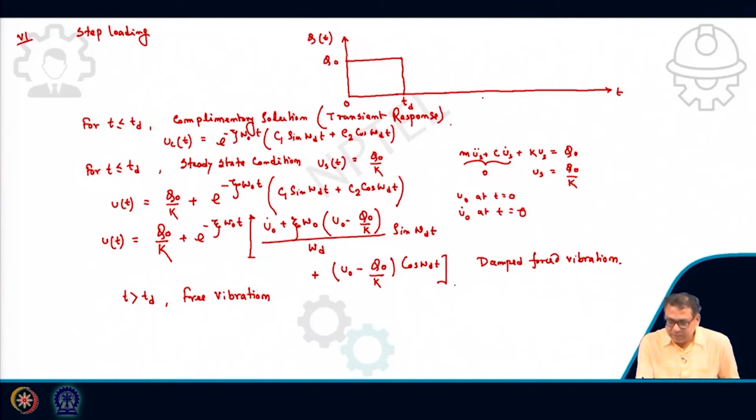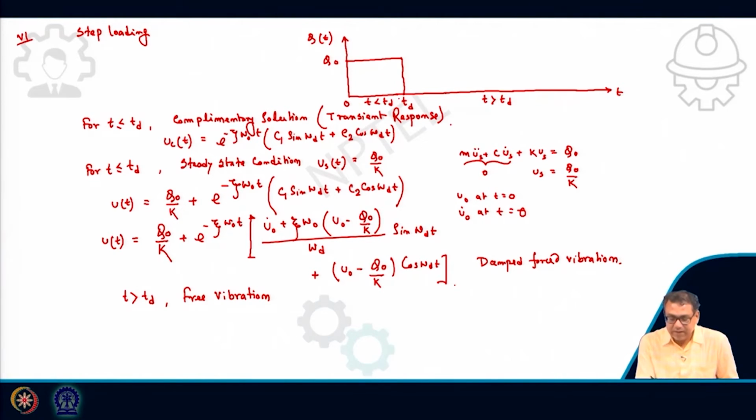So for T greater than Td, this is T and this is T less than Td. In this region you will get the equation of free vibration, and for the response solution, when you need the initial condition, you put the final condition of the loaded region.